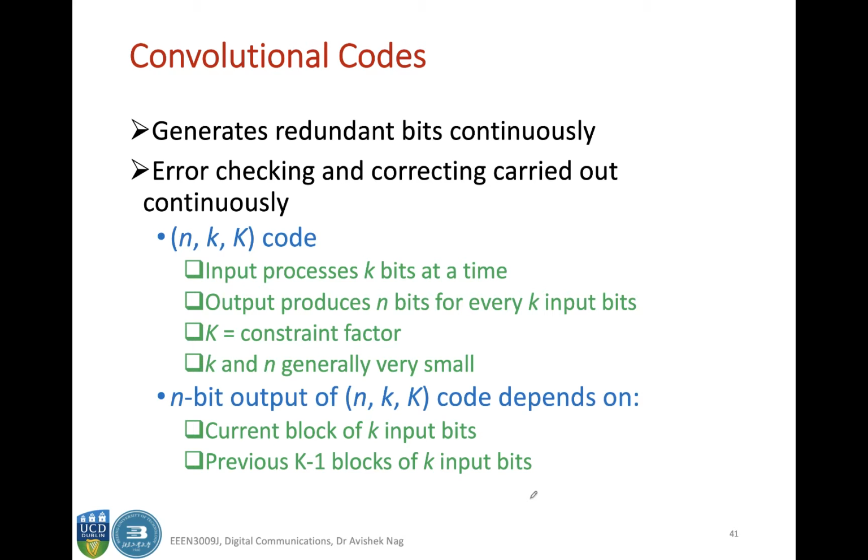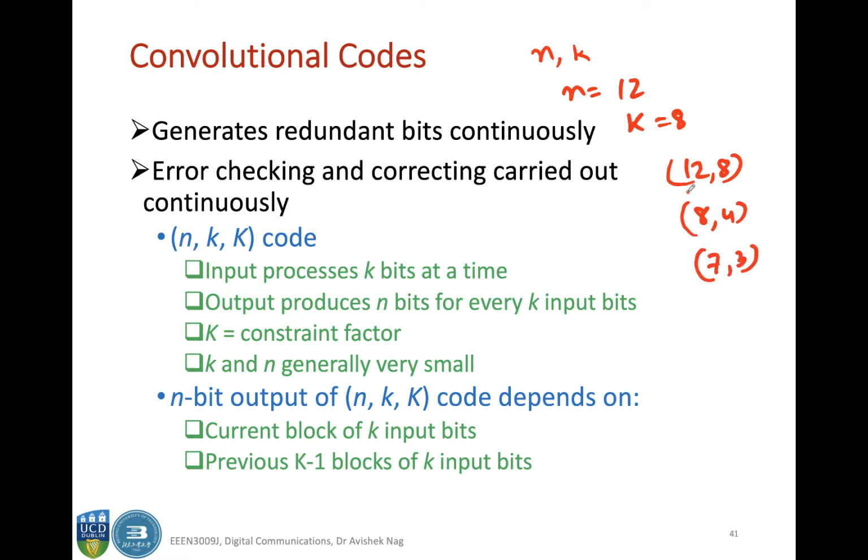Now we will learn about a different type of code called convolutional codes. Unlike block codes, convolutional codes generate redundant bits continuously, and usually they are small. In your block code, you have n and k. So n was like 12 bits and k was 8 bits. You saw one example that we solved with a 12-8 Hamming code. You can have an 8-4 Hamming code, 7-3.